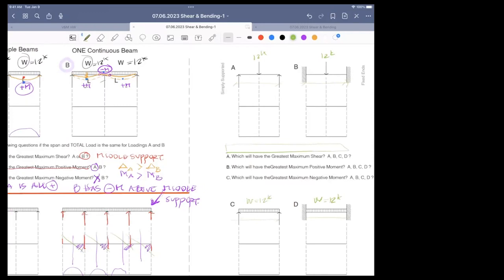Which will have the greatest maximum shear, A, B, C, or D? So we need to just get it in our minds that the maximum shear is at the support, and the maximum shear is equal to the reaction. And the 12 kips is going 6 and 6.